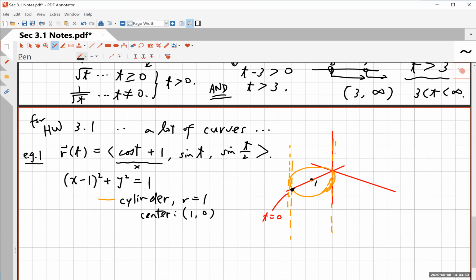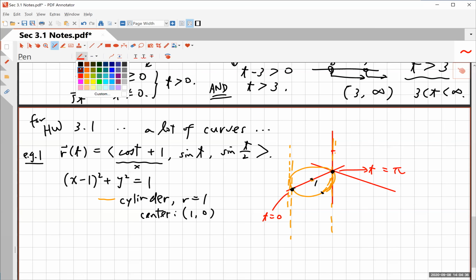At pi over 2, this will be 1, 1, and then this will be sine of pi over 4, which is going to be square root of 2 over 2. And then by the time you get to this point here, t is equal to pi. When t is pi, you have 0, 0, and then sine of pi over 2 is 1. So it goes up to this point.